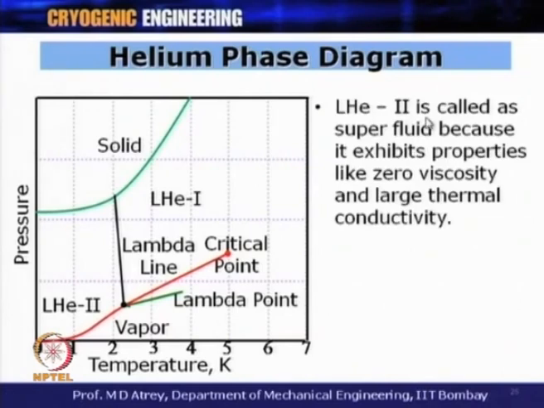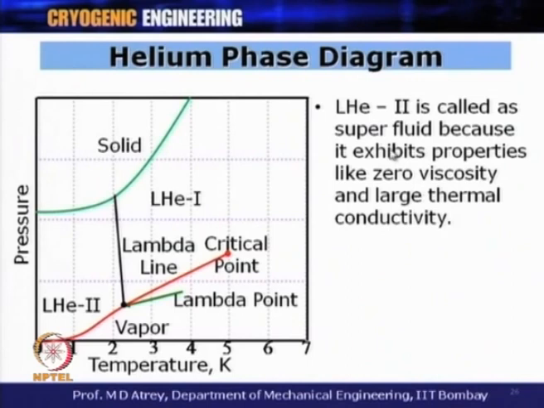Liquid helium 2 is called superfluid because it exhibits properties like zero viscosity. We made a statement earlier that this difference between helium 1 and helium 2 is owing to the viscosity of the liquids. This new phase which emerges as helium 2 from helium 1 is basically because of the viscosity differences between these two fluids.